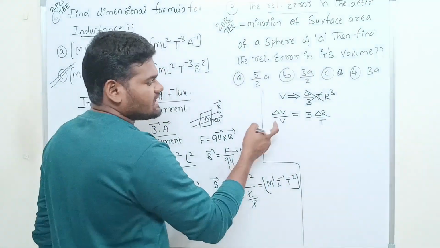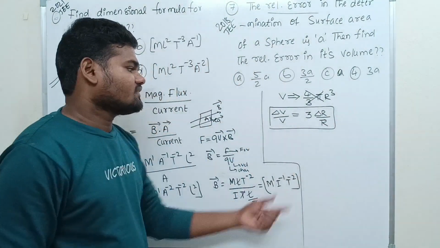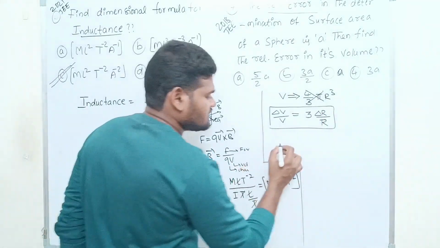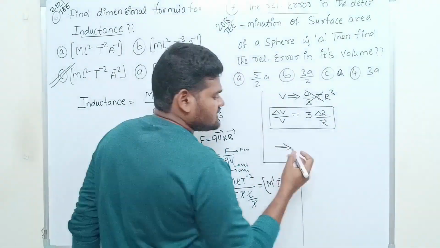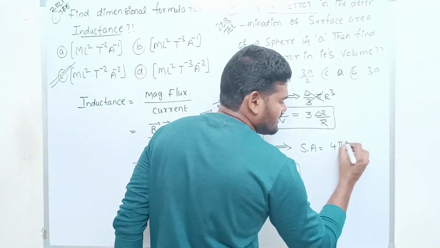So this is what exactly we have to find, but we don't know delta R by R. We have to find delta R by R. Have a look. The surface area of the sphere is equal to 4 pi r square.